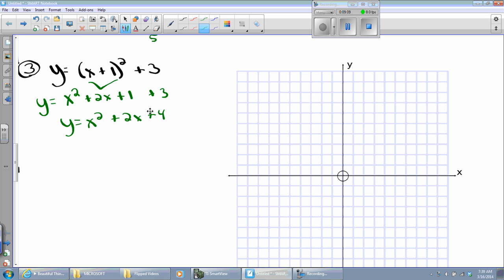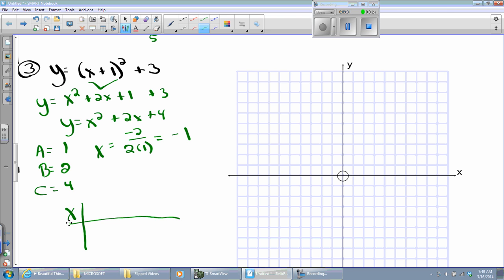Okay? Now, I'm not going to go through the whole thing. I'm just going to go and find the vertex. So let me write down a, b, and c. Easy as 1, 2, and 4. And then the vertex will be the negative of b over 2a, which I believe will simplify to -1. So, on my input-output table, I get -1 for x, for the x coordinate of my vertex.